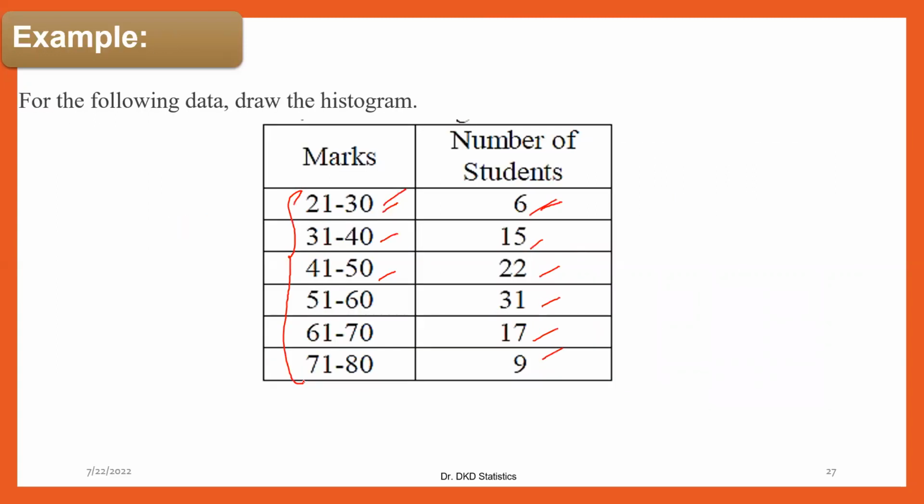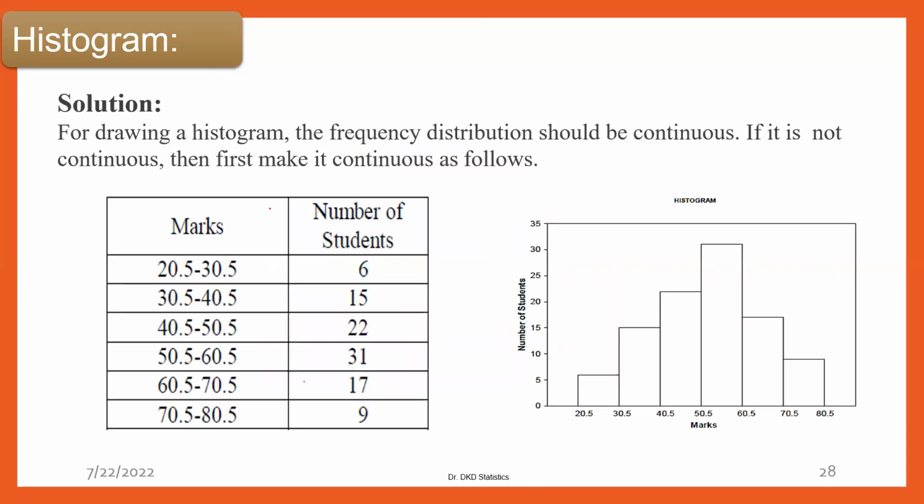We find the difference between the upper limit of the previous class and the lower limit of the next class. The difference would be 1, divided by 2, so we take 0.5. We add 0.5 and subtract 0.5 in each class interval.